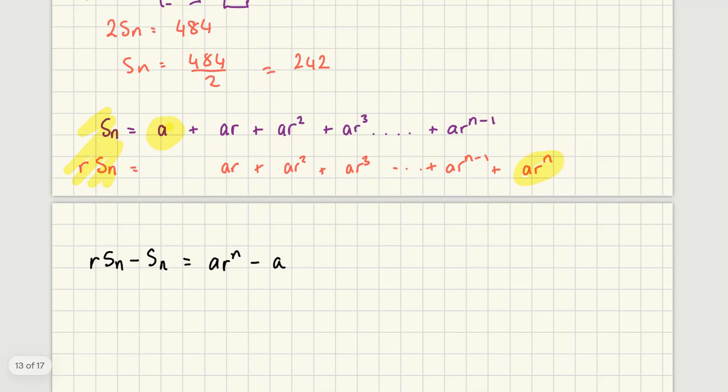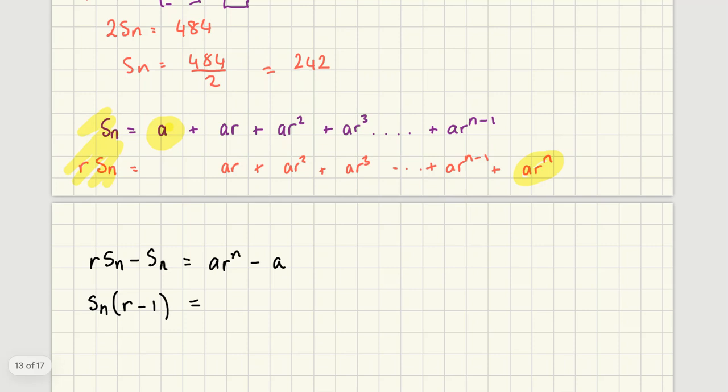Okay. We want Sn on its own. Now, this is where the difficulty is, we have to use algebra. I can't subtract. So here I could do 2 subtract 1 or 3 subtract 1 or whatever. But in this case, I need to get Sn on its own. And hopefully you remember from your IGCSE days, the best way to do that is to factorize. So when we factorize Sn out, we get R minus 1.